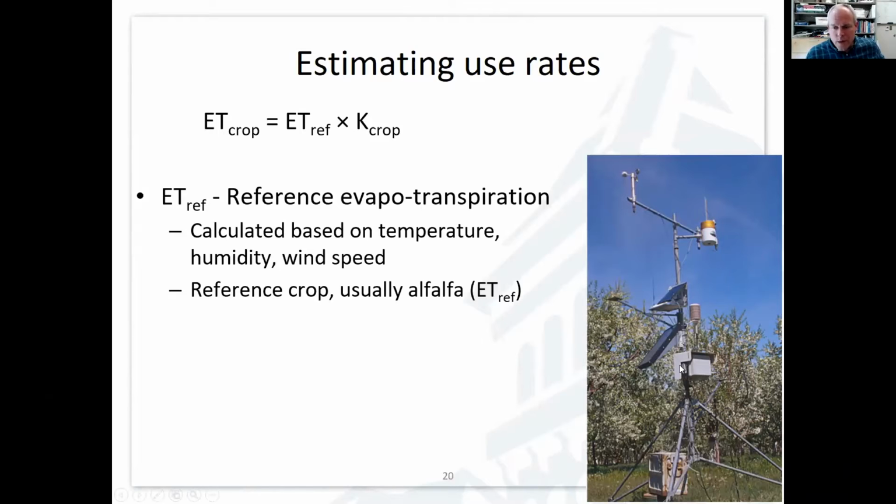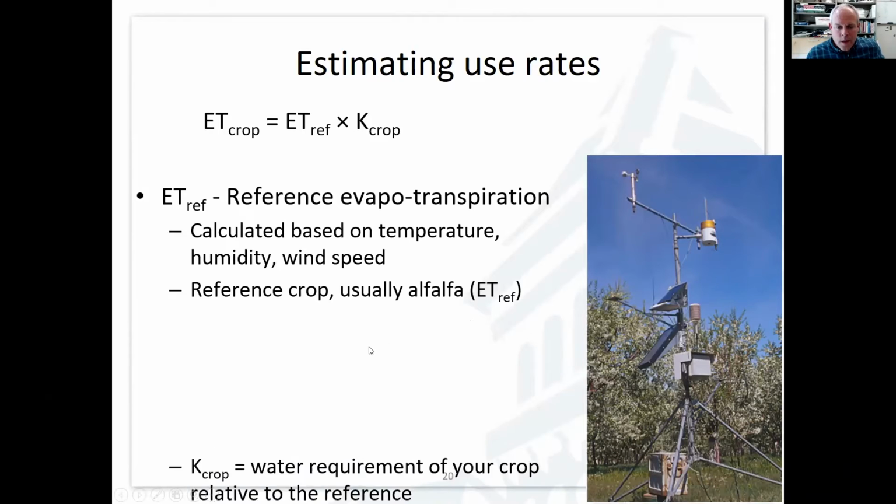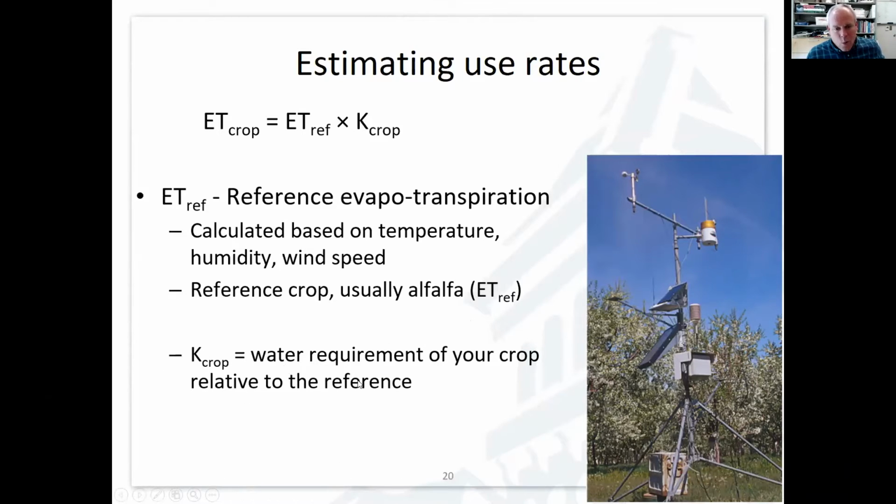And we use weather stations that have temperature sensors, humidity sensors, and wind indicators that can collect the data and calculate a reference ET, or evapotranspiration. Then we need to know the water requirement of your specific crop relative to that reference.